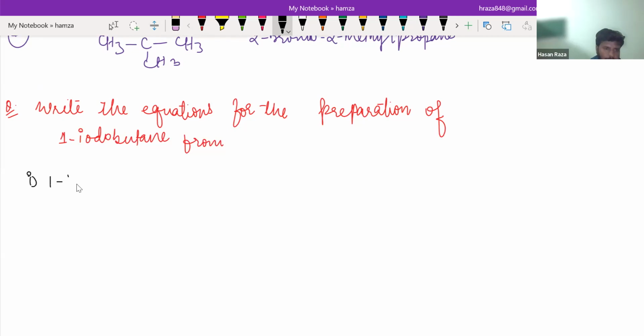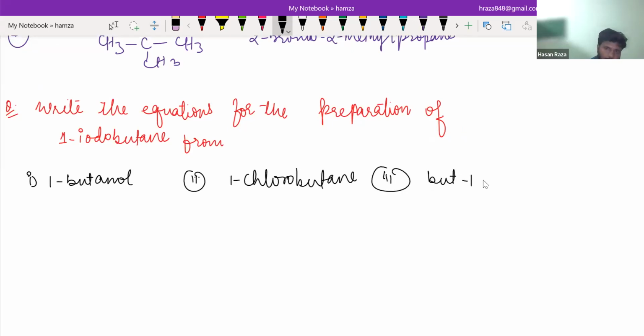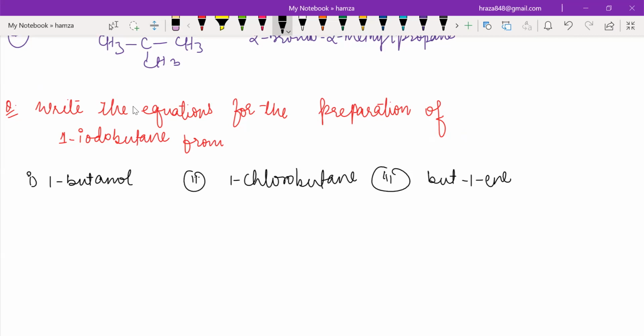First one, we need to prepare 1-iodobutane from 1-butanol. The second is from 1-chlorobutane. We need to prepare 1-iodobutane from 1-chlorobutane. And the third one is but-1-ene. Please do this question. It's very important and easy.